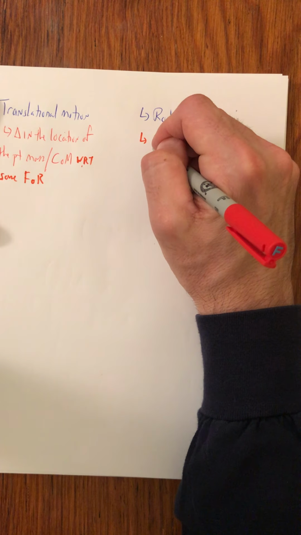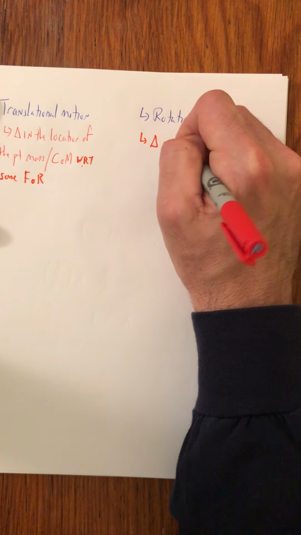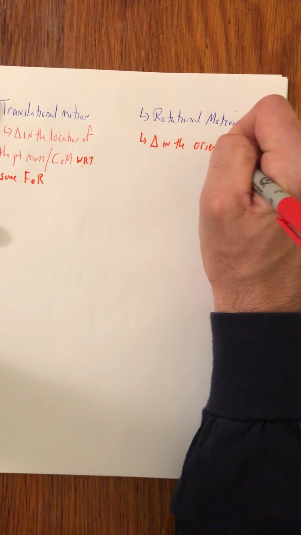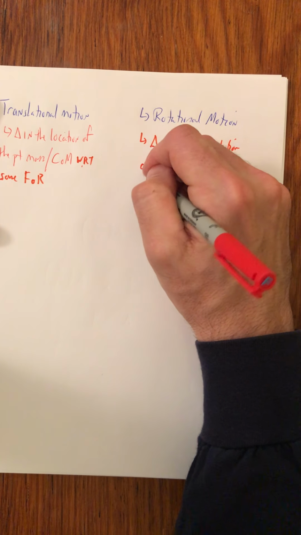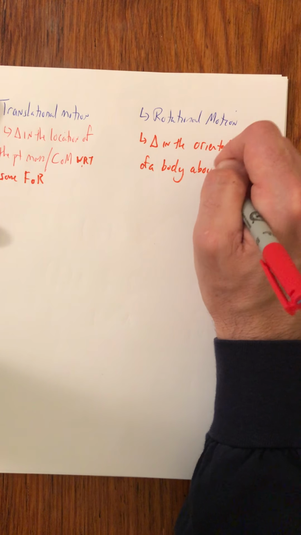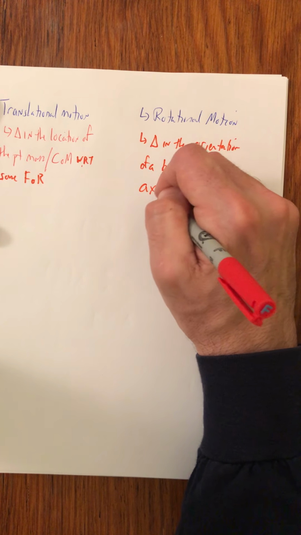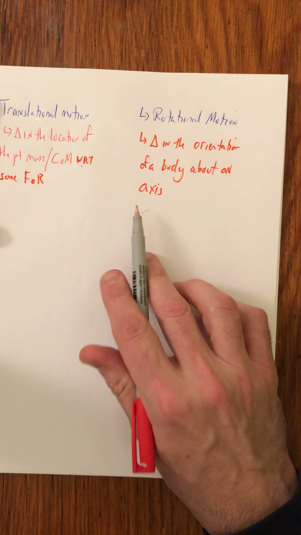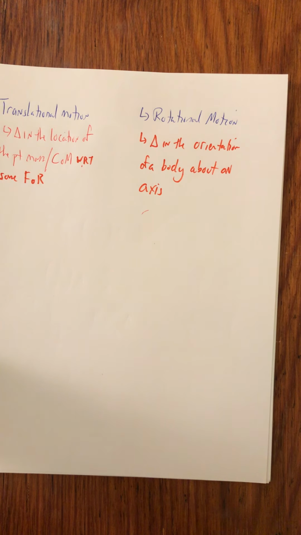Whereas this is a change in the orientation of a body about an axis. Now notice here, the axis does not need to be the center of mass. That axis could be constrained wherever. If you think about a door, where's the axis? It's not through the center of mass, it's through the hinges on the side of the door.